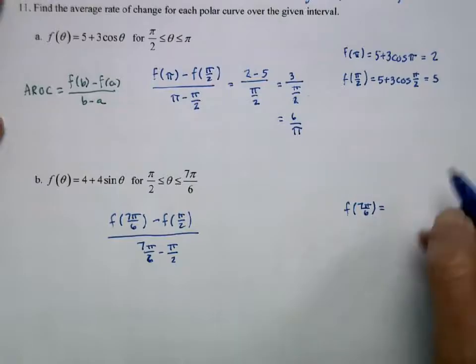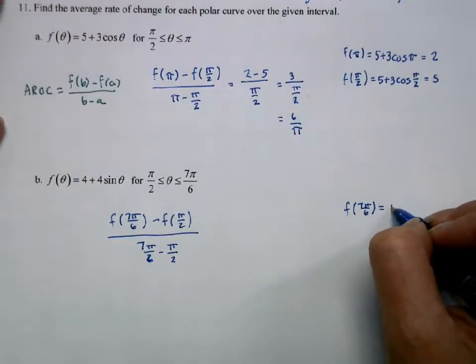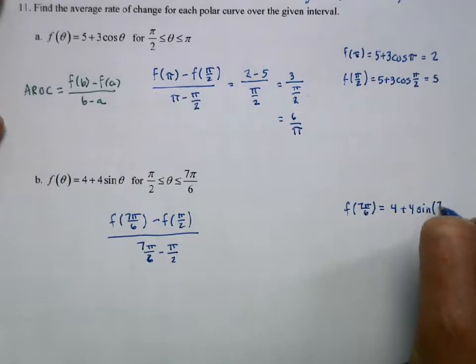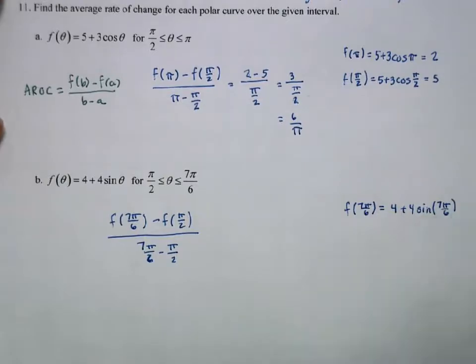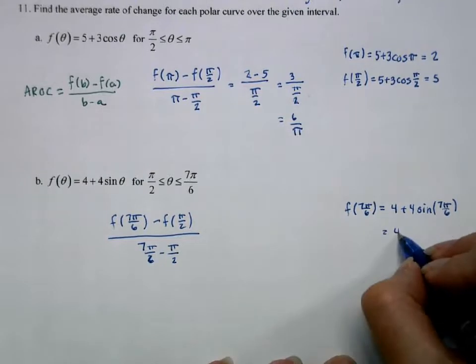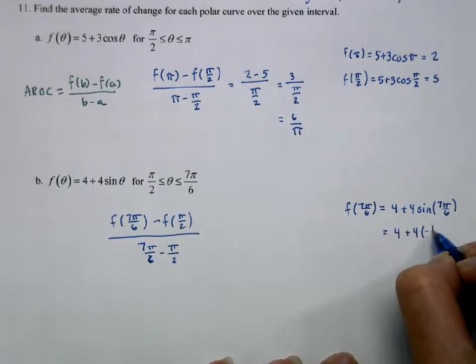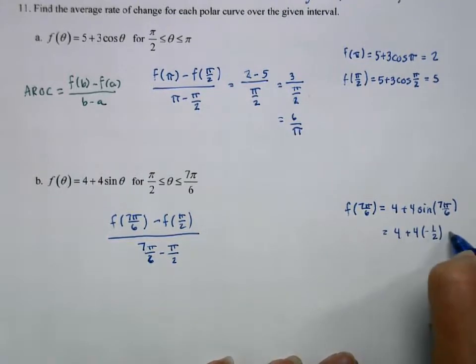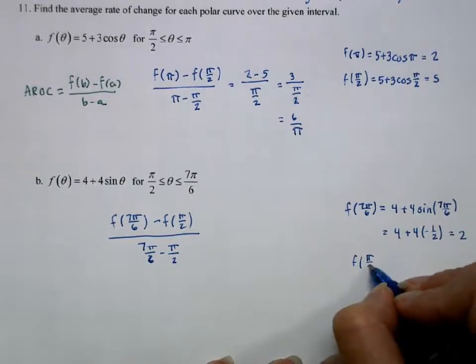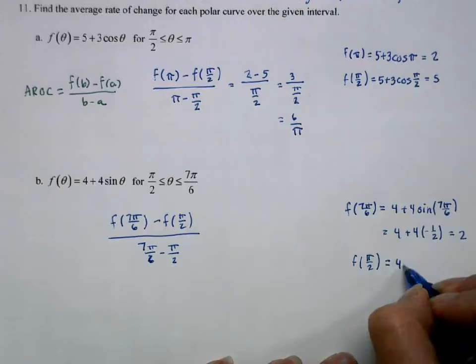My y value at 7 pi over 6 is negative 1/2. So I get 4 minus 2, which is 2. Pi over 2 up at the top of our circle is 1, so we get 4 plus 4, which gives me 8.